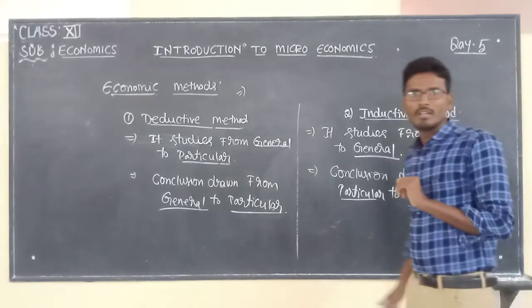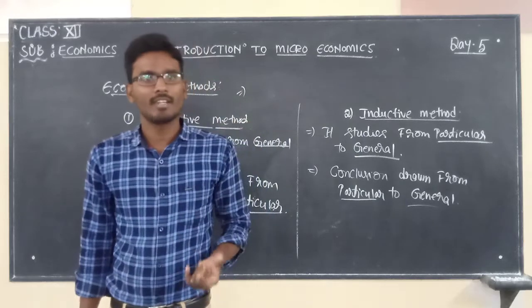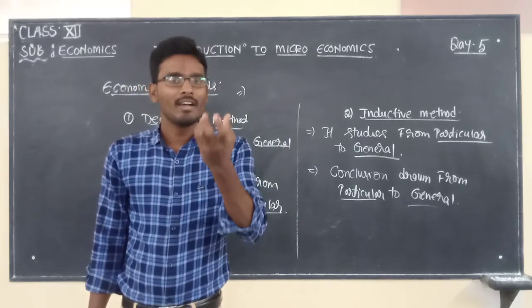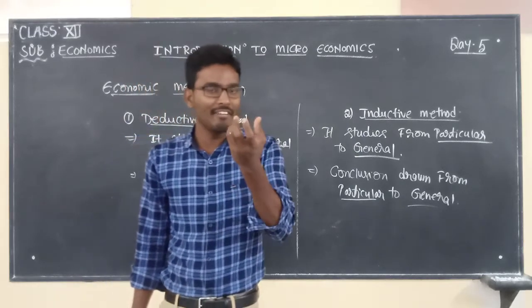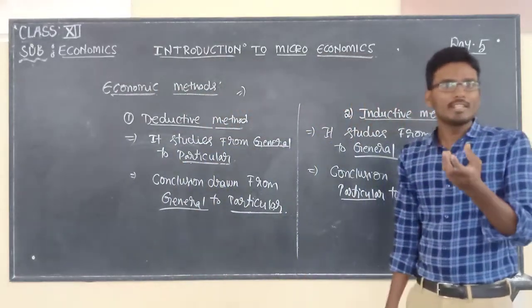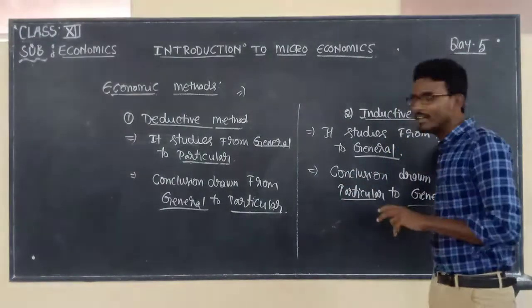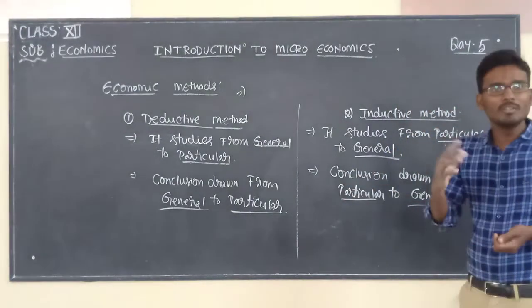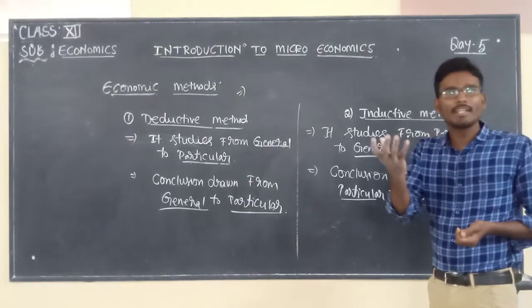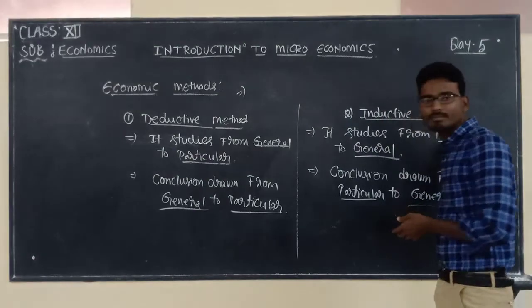Example: who is the scientist? Isaac Newton, right? He discovered the gravitational force, the law of gravitation. So first of all, here we are studying a particular case. Isaac Newton observed one apple that fell down from the tree. Only one apple, that is particular.